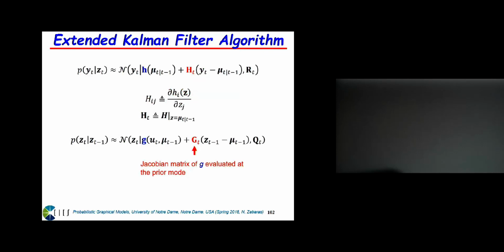evolution of the dynamics. Let's not bother about U, since we removed it in the previous slides. So basically, you take a linear Taylor series expansion around the previous state, the mean of the previous state, which is mu t minus 1, and this is the error again, times this Jacobian, that is the gradient of little z with respect to z.